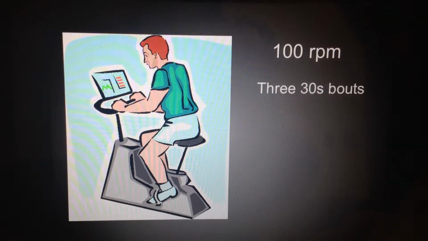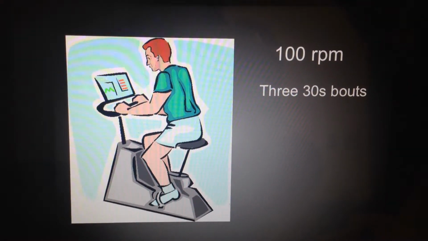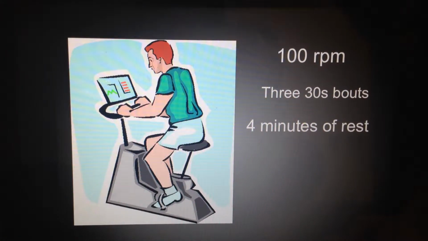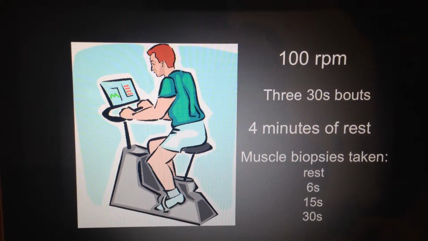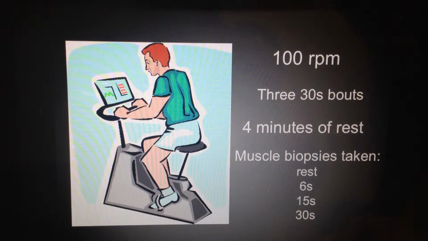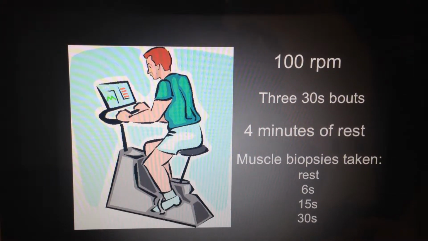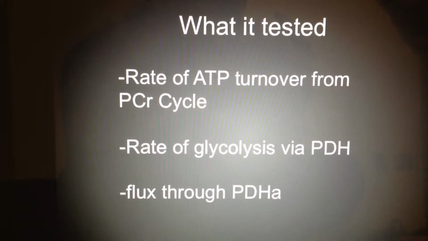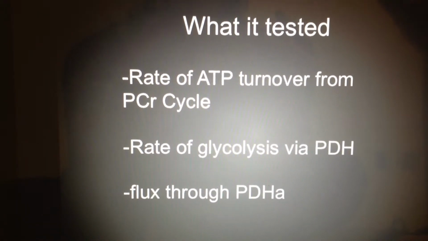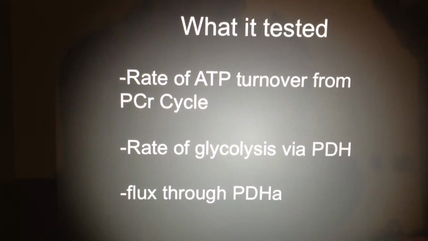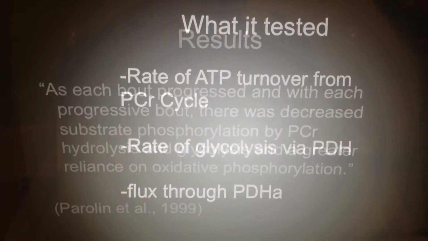The participants cycled at 100 RPM and completed 3 30-second bouts of exercise. There were 4 minutes of rest between each bout, and muscle biopsies were taken at rest, 6 seconds, 15 seconds, and 30 seconds. The biopsies tested the rate of ATP turnover from the PCR cycle, the rate of glycolysis via PDH, and the flux through PDHA.